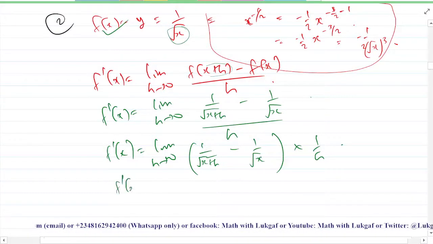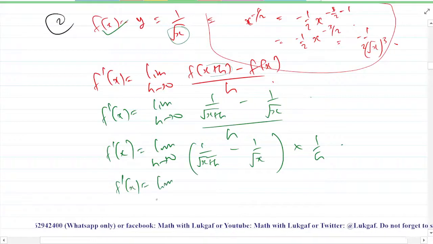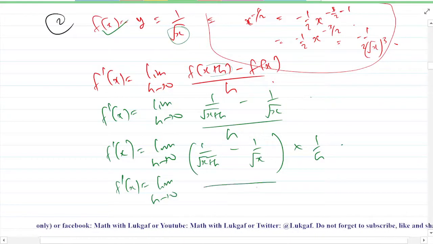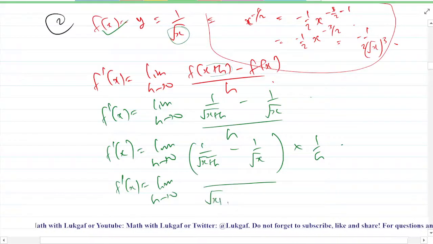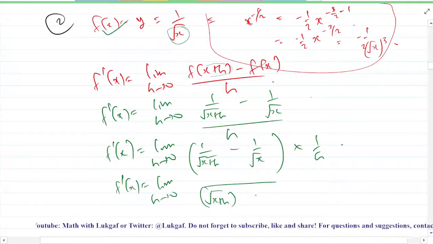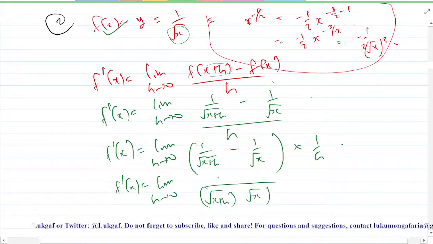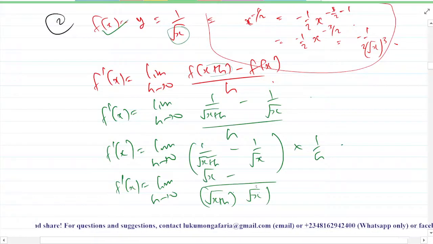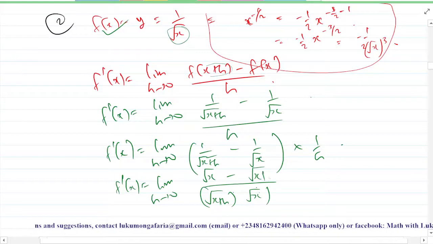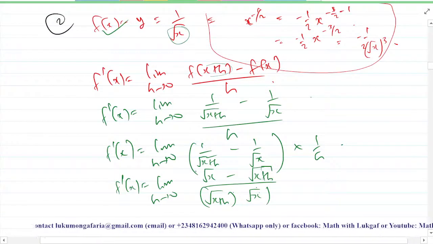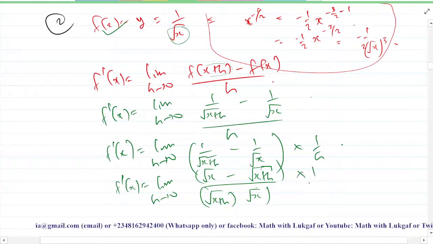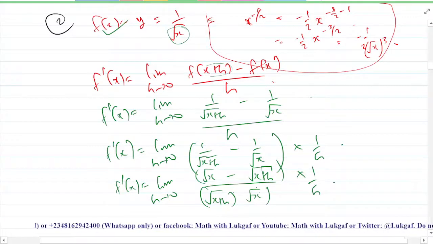So then I can have my f prime of s to be the limit as h tends to 0. Then the LCM of this guy will be this. So if you divide this by this, this one will remit root s. Root s times 1, that's root s minus root s plus h. Then multiply by 1 divided by h.